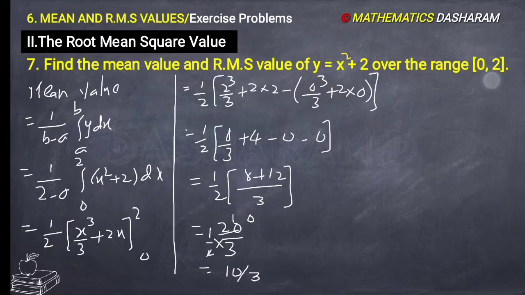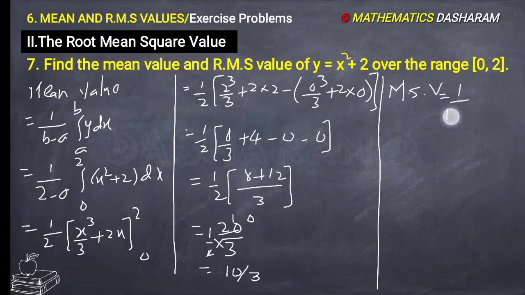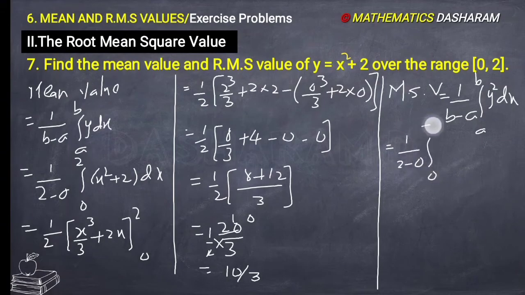So next, to find the mean square value, the formula is 1 by (b minus a) integration a to b y square dx. So 1 by (2 minus 0) integration 0 to 2 y square dx.